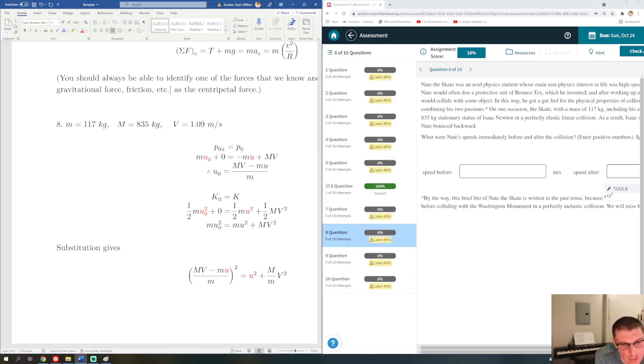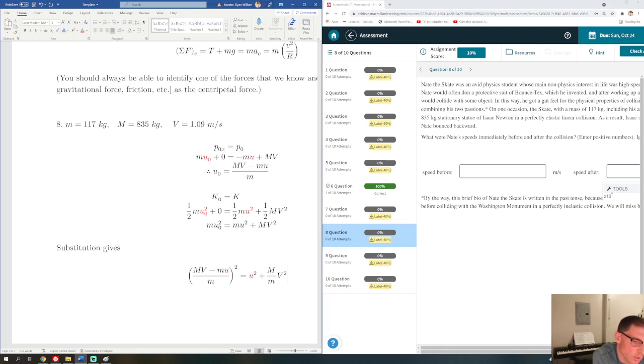Are we good with this? Do people want to see the algebra done, or should we move on? I would suggest that if you are not feeling comfortable with what you would do next, like if you know what to do next but you are not sure that you could do it, definitely give it a try at some point before the exam tomorrow.